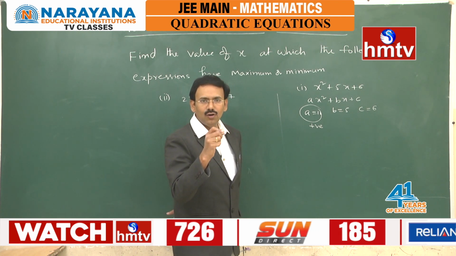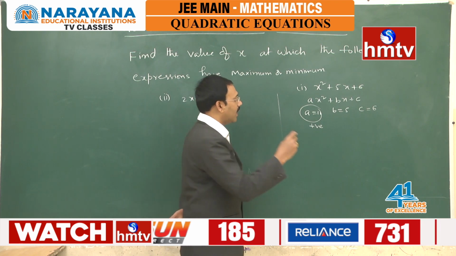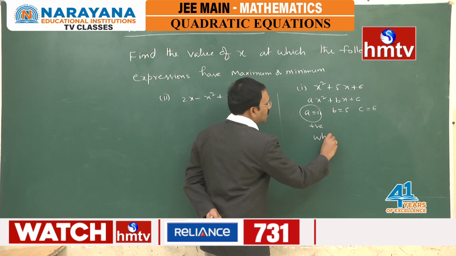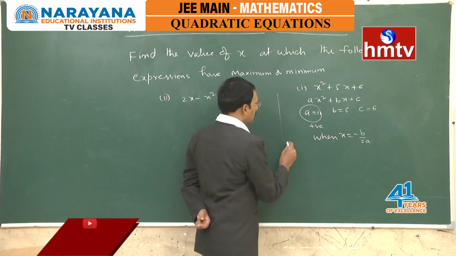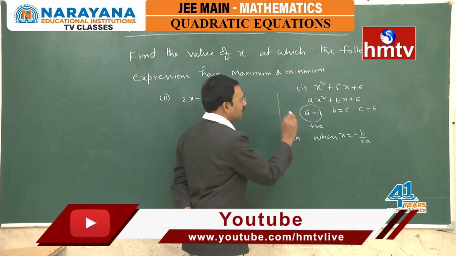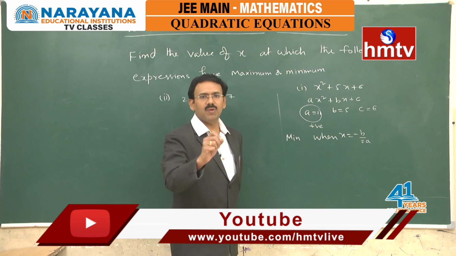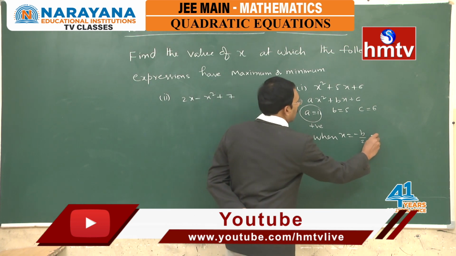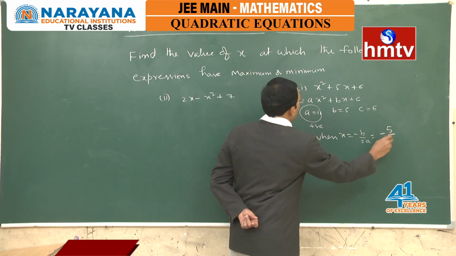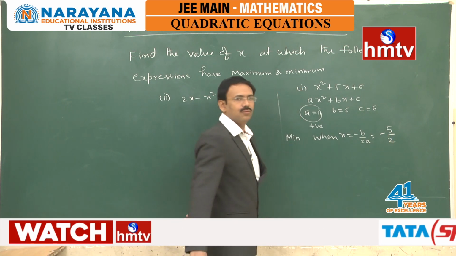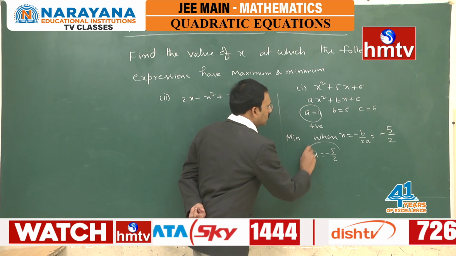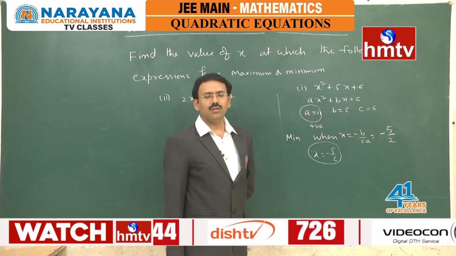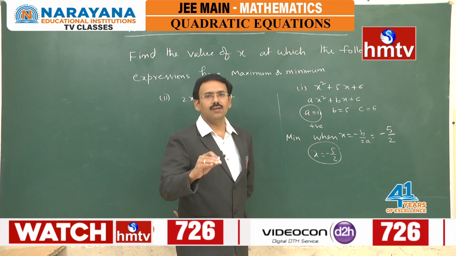It will have minimum when x is equal to minus b by 2a, that is minus 5 by 2. That means when x is minus 5 by 2, this expression is going to have minimum value.